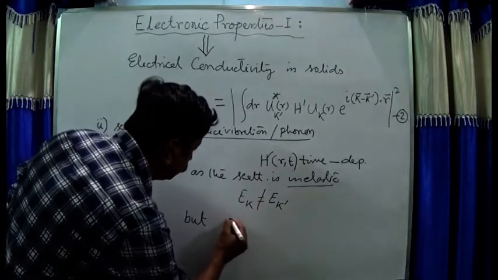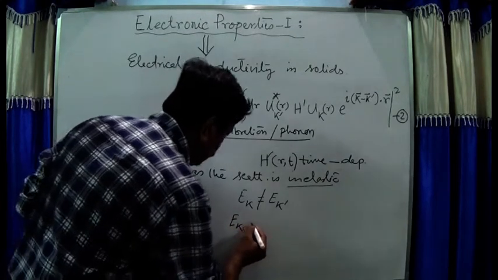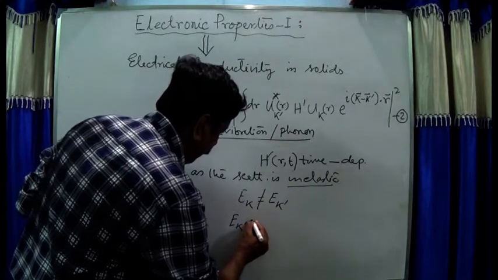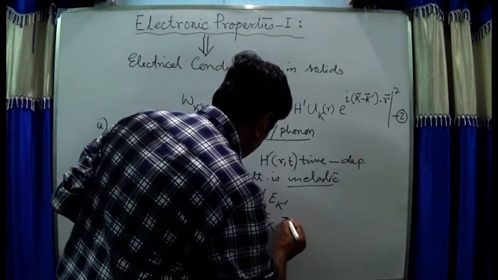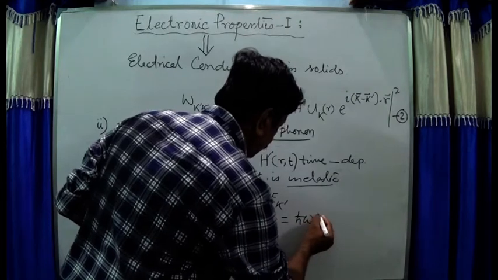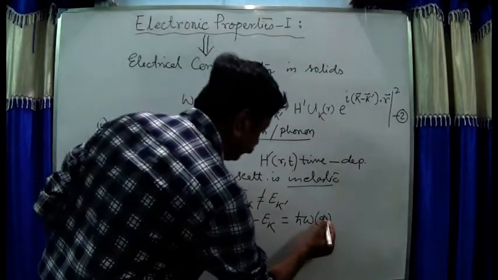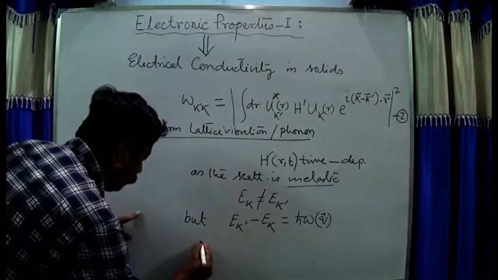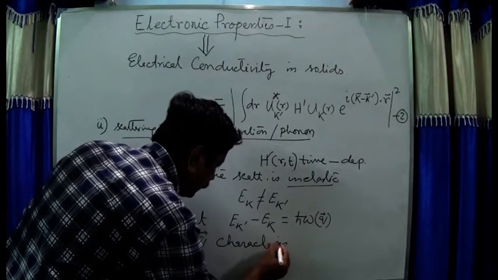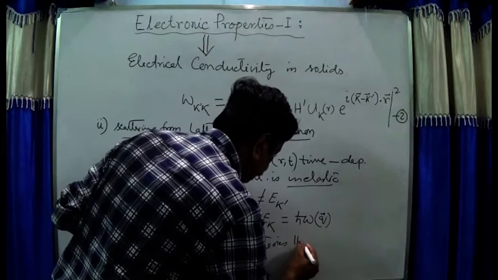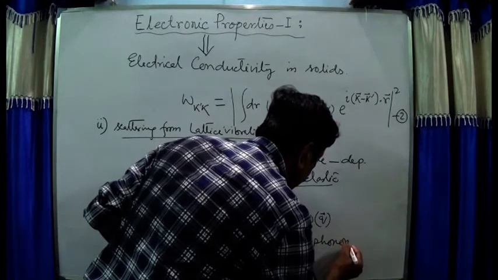We can write E k prime minus E k must be equal to h bar omega, characterized by the Q vector, where Q characterizes the phonon wave vector.